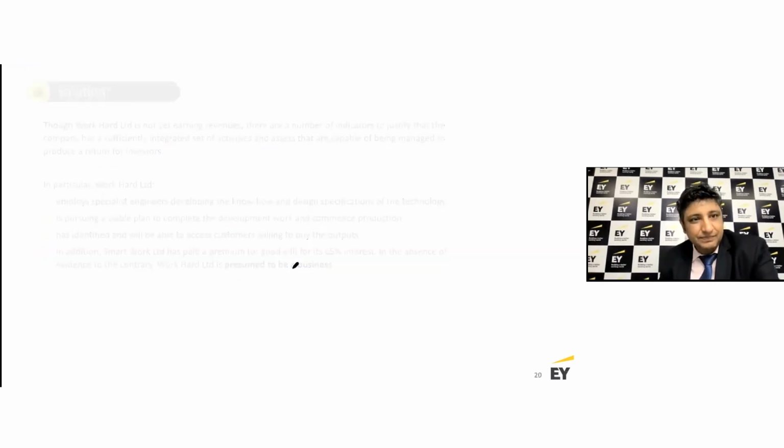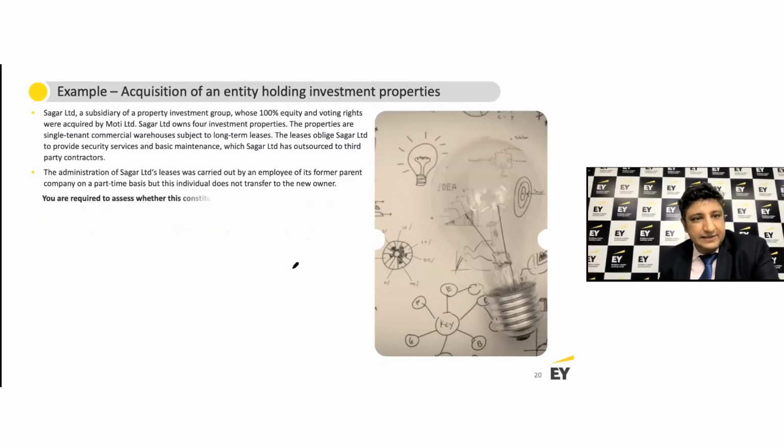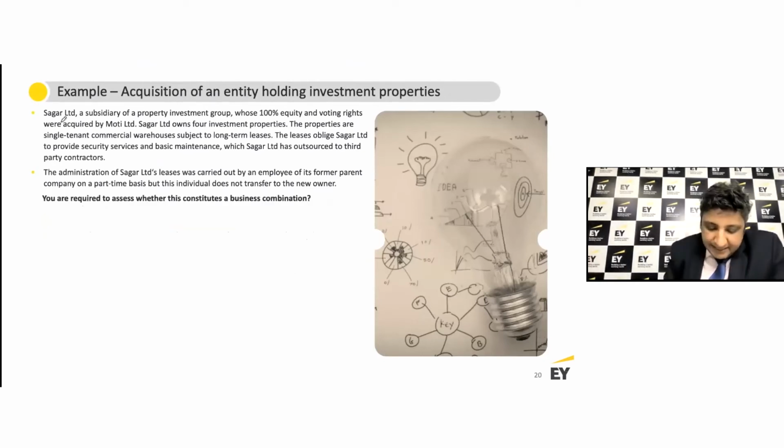Okay, let's have a look at yet another scenario. This could be a typical one to follow. It says that Sagar Limited, a subsidiary of a property investment group, whose 100% equity and voting rights were acquired by Moti Limited. Sagar Limited owns 4 investment properties.